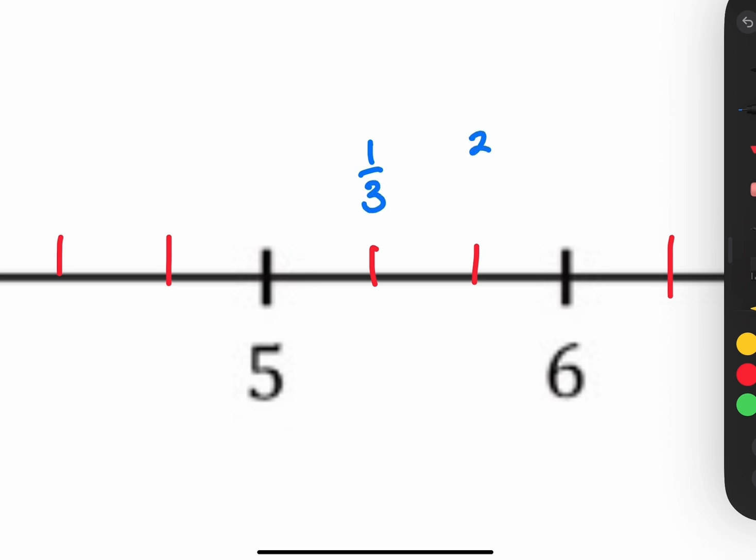This second one is 5 2/3, which makes 6 the third one, 3/3. But obviously that's not what we're marking. I need 5 2/3. So right here. This is where my dot should be. Okay, 5 2/3.